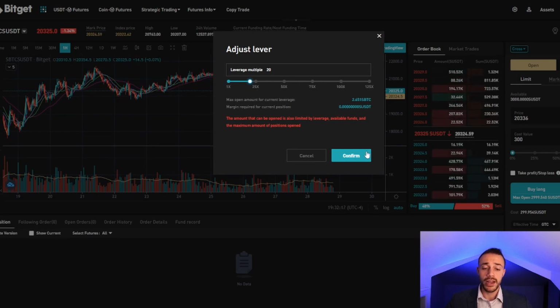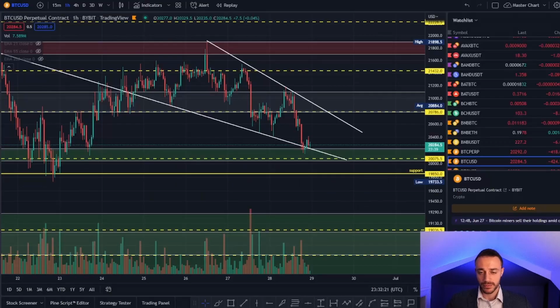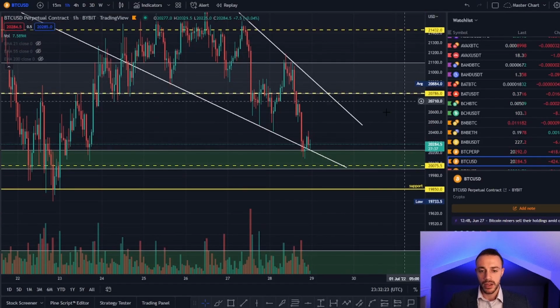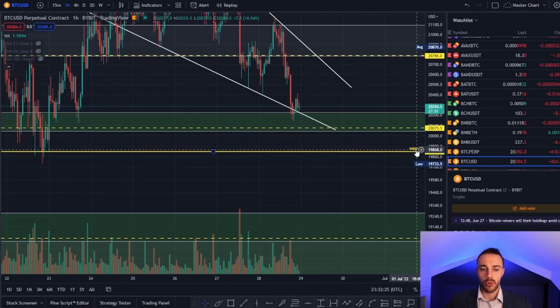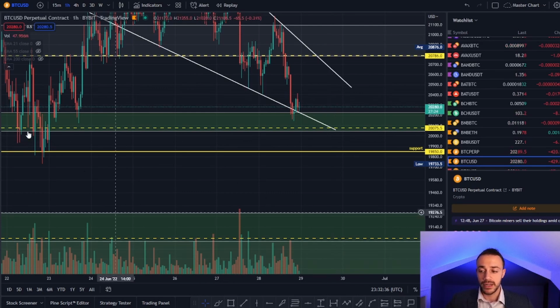Now, all 20x leverage means is, let's give a hypothetical example. Let's say you're trading Bitcoin, and you want to enter down here at the support level I have outlined at $19,850. So let's say you go long, right? So you expect price to go up, so you go long at $19,850.